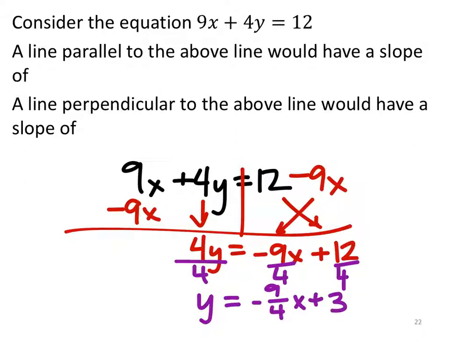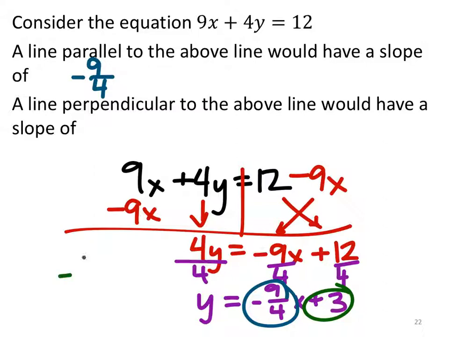Now again, we're not so concerned about this plus 3 because we only want the slopes of the parallel and perpendicular lines. The parallel line is going to have the same exact slope, which in this case is negative 9/4. So the parallel line would also have a slope of negative 9/4. The perpendicular line is going to take that negative 9/4 and reciprocate it.